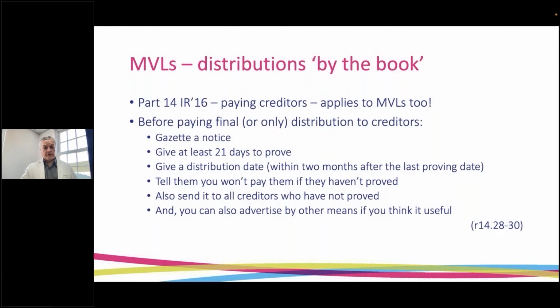The notice should tell them that you won't be paying them if they fail to prove in time. And you should also send a similar notice to all creditors you know about who have not proven their claims. And you've got a discretion to advertise generally if you think that that would be worth doing.